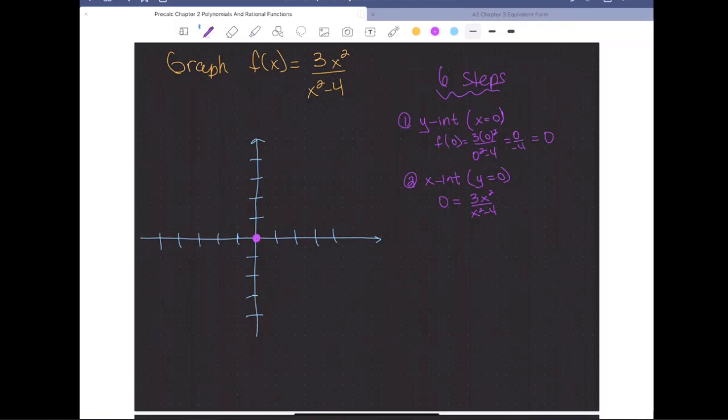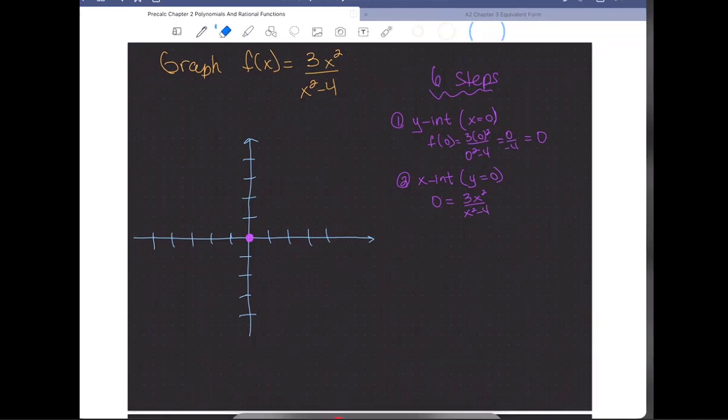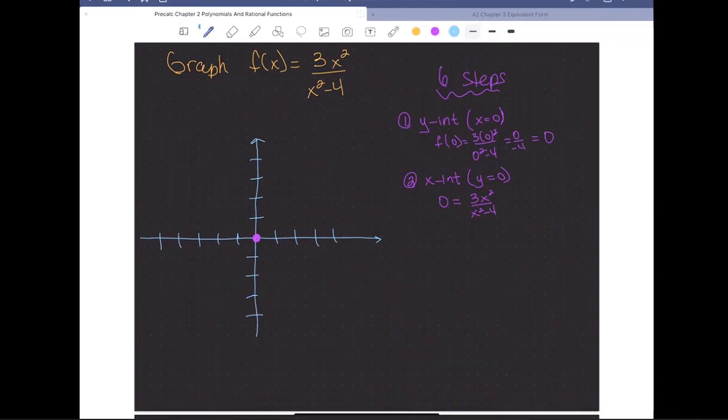I don't like the x squared minus 4 on the bottom because it's my denominator. So I'm going to multiply both sides by x squared minus 4. That's going to cancel those out. So now 0 times anything is 0.